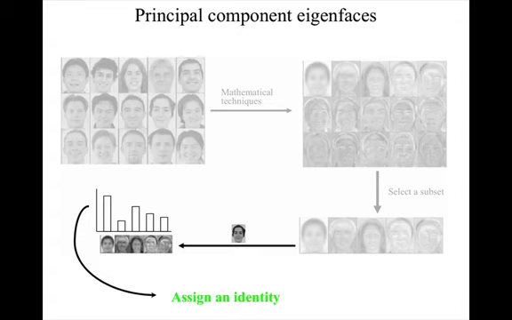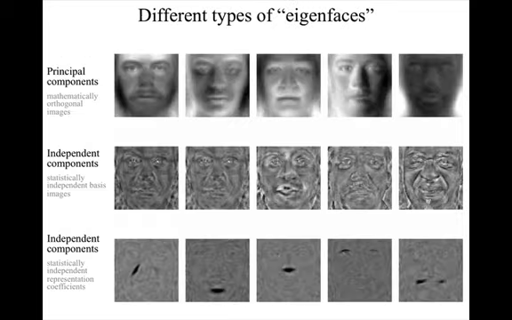But in this case, the receptive fields are actually the mathematically defined eigenfaces. And you can create sets of face images by a number of different mathematical approaches, including calculating images that have the maximum degree of statistical independence.